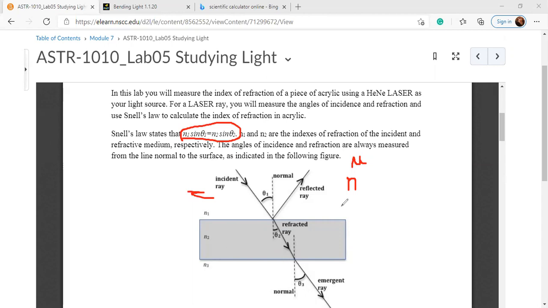In general, our definition is the velocity of light in vacuum, which is denoted by c, and the velocity in the medium, v. This is the definition of refractive index: n is equal to c divided by v. Remember, the velocity of light in vacuum is maximum, which is 3 into 10 to the power 8 meters per second.